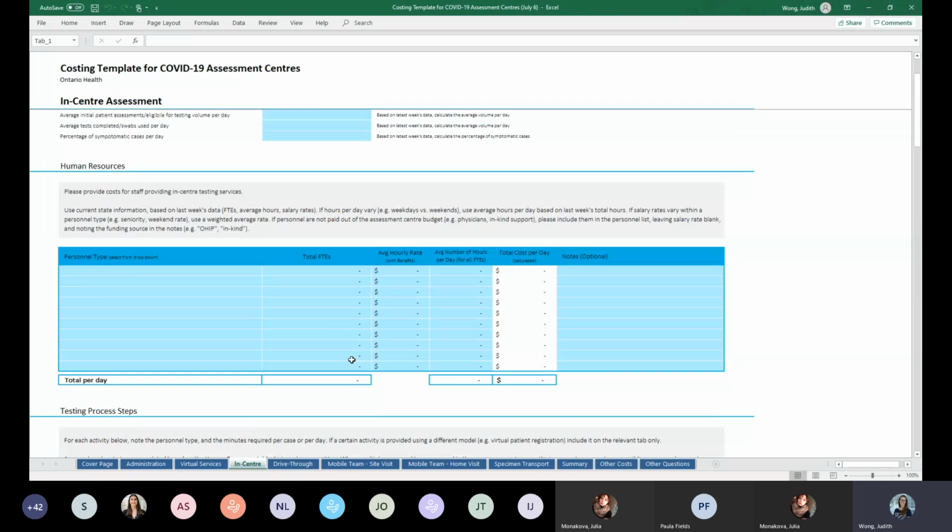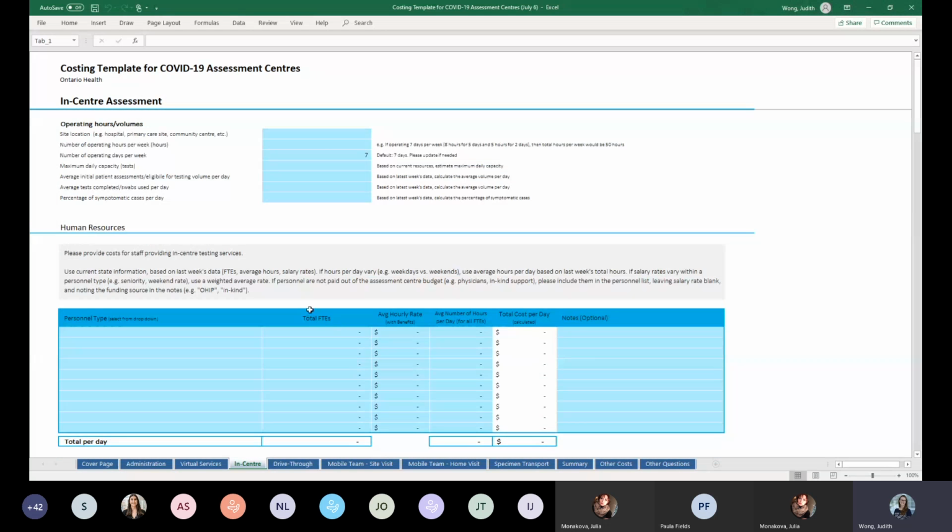If you have, say, 3 different assessment center sites, how do you fill that out? You have 2 options in that case.